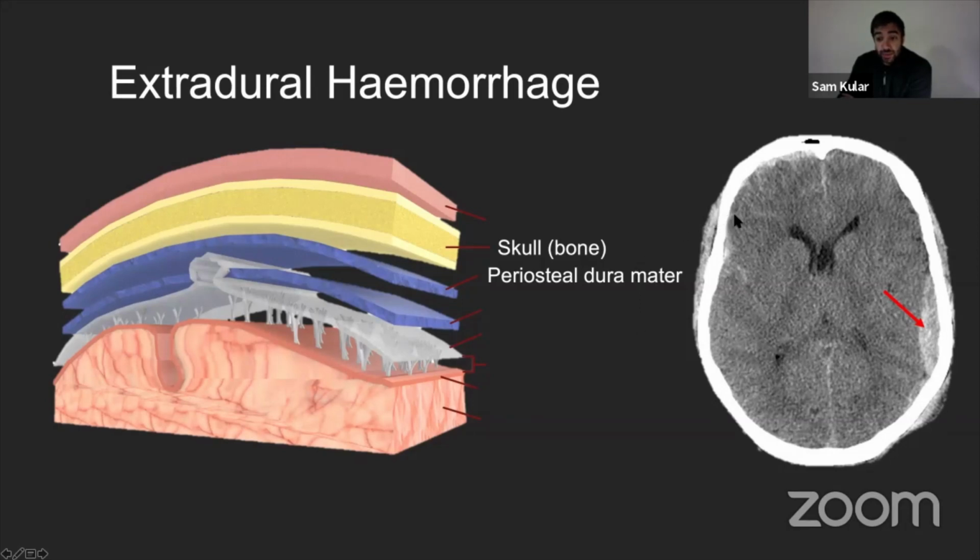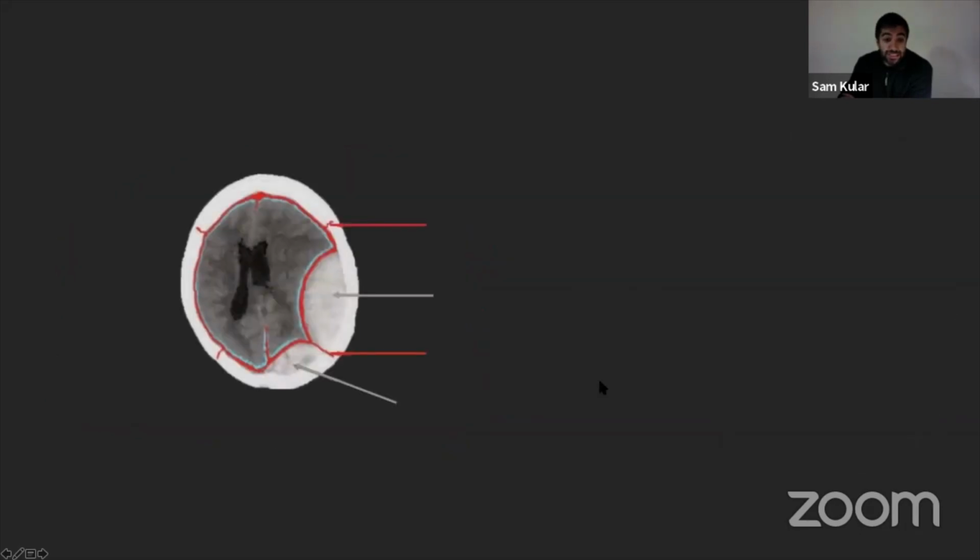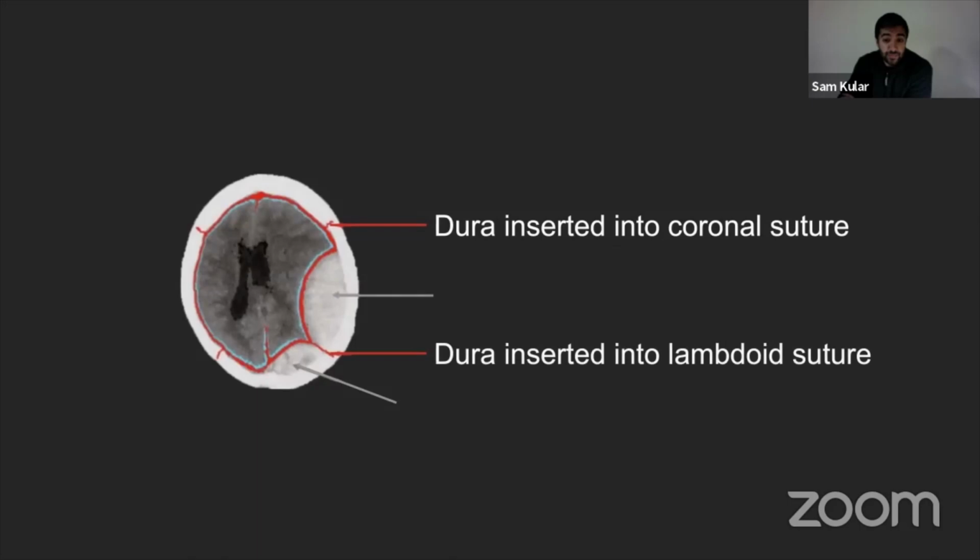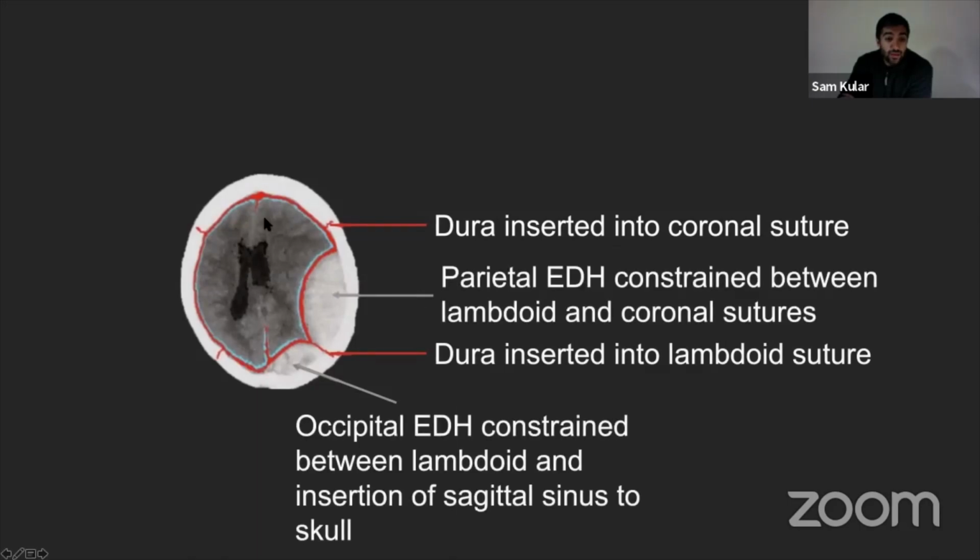It tends to not be able to cross the front because of our coronal suture, and it will also be prevented from going to the back of the brain by the lambdoid sutures. So we can see on this diagram where we have blood acutely in an extradural space because it's nice and convex, or in a lentiform shape.